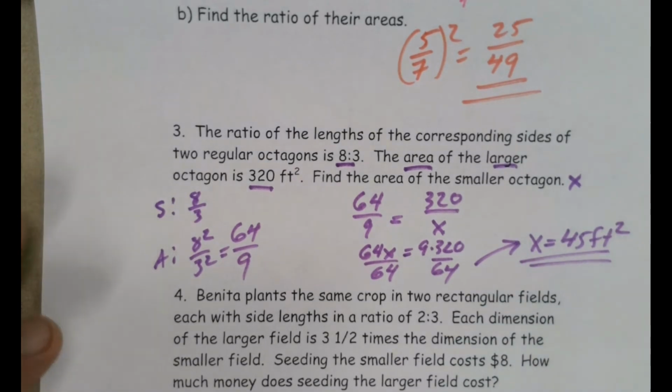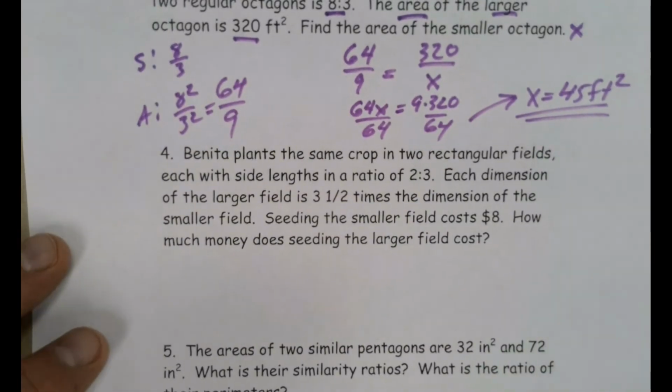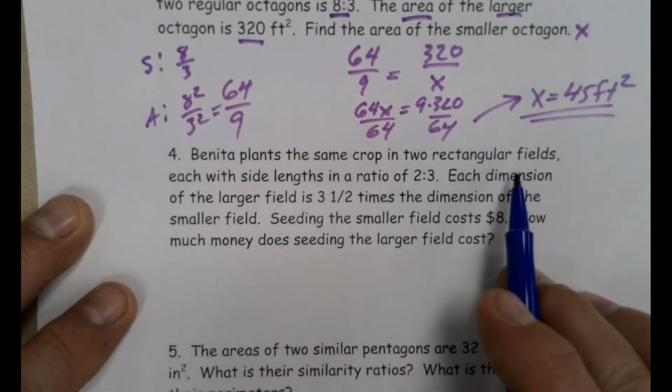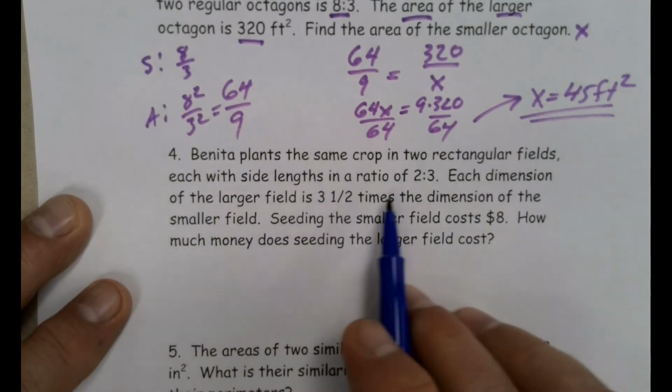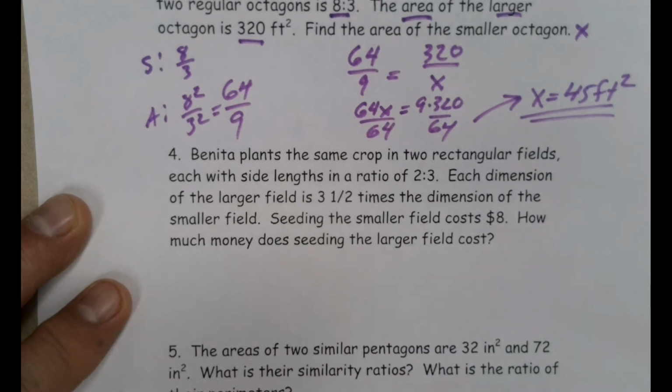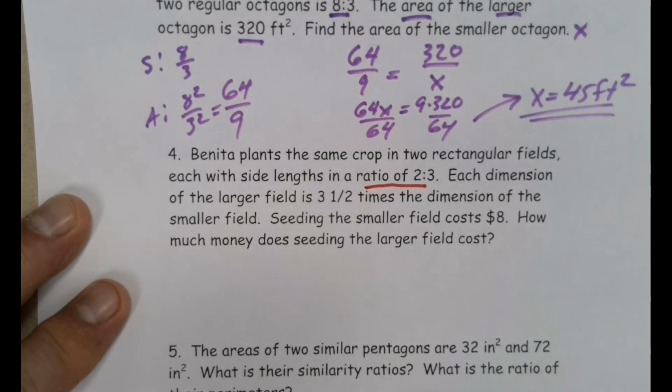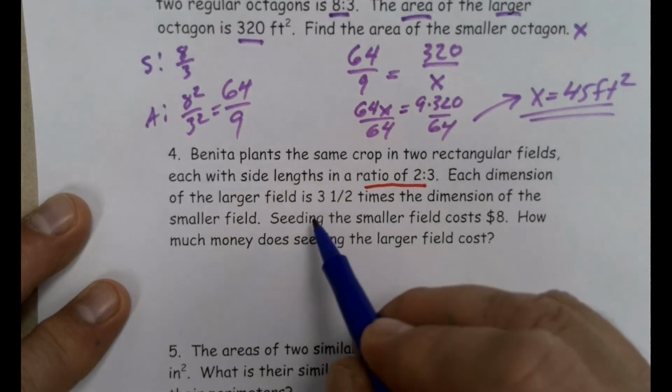And my next one, Benita plants the same crop in two rectangular fields, each with side lengths in a ratio of 2 to 3. So I've got a ratio here of 2 to 3. It also says each dimension of the larger field is 3.5 times the dimension of the smaller field.